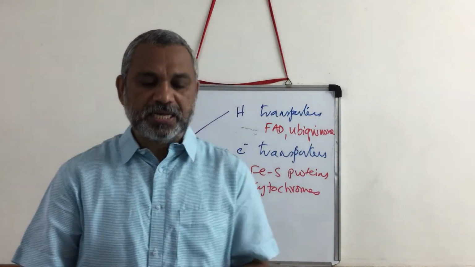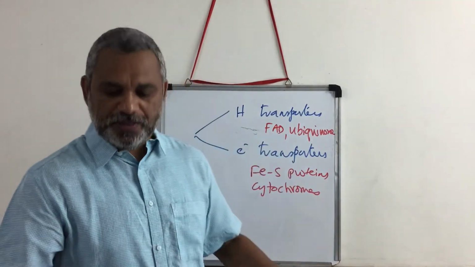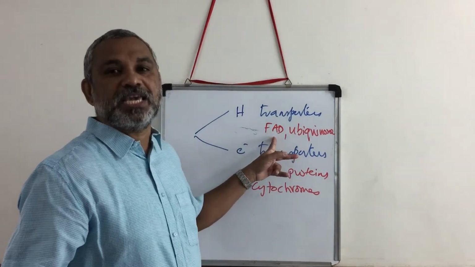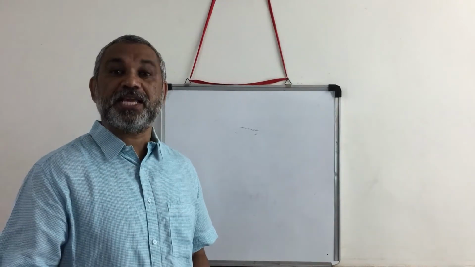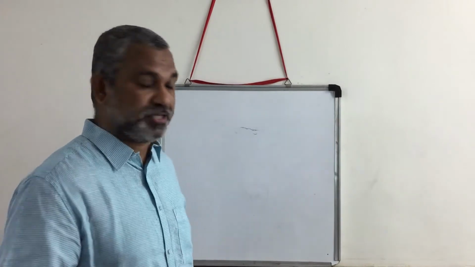Let us look at the detailed structure of these molecules, starting with FAD. The first hydrogen transporter is the FAD molecule. Let us look at its structure to understand what makes it capable of transporting hydrogen.